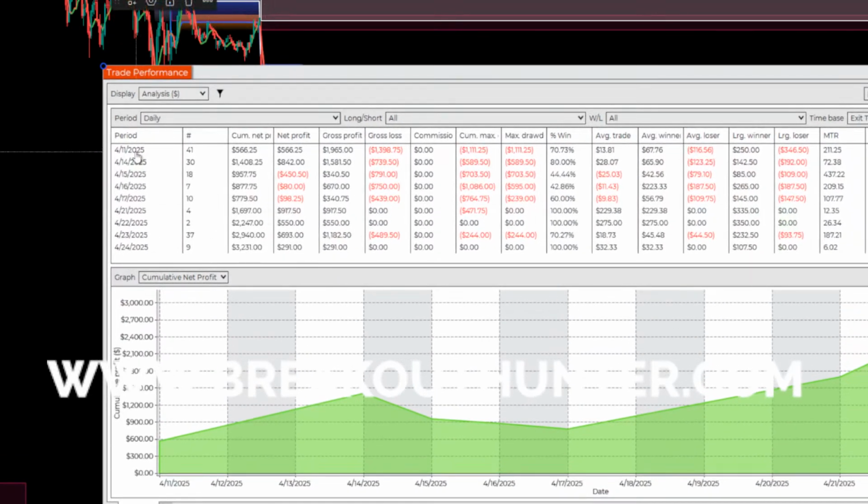So his first trade was on the 11th. It made $566. And then the next day it made $1,408. And these are trading 2 micros on ES, by the way. And it's not a scalping bot. It actually holds. And the 15th, he made $957.